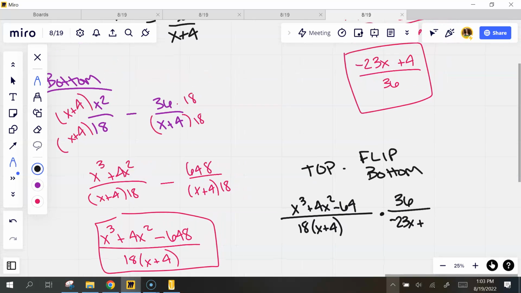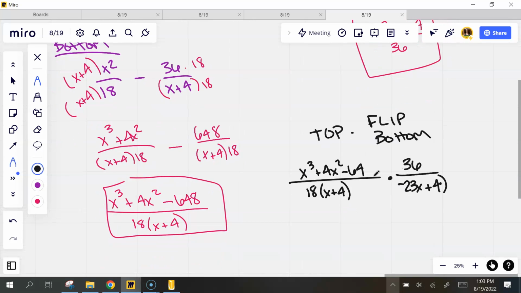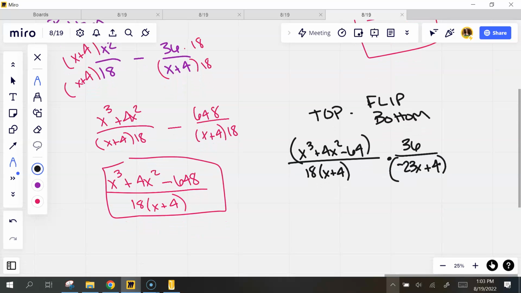Since you have worked so hard to ensure that everything is completely factored, you're not going to multiply anything out at this step. All you're going to do is mark things out if they mark out. Here, nothing marks out, but 36 divided by 18 does reduce. What does that reduce to? 2.